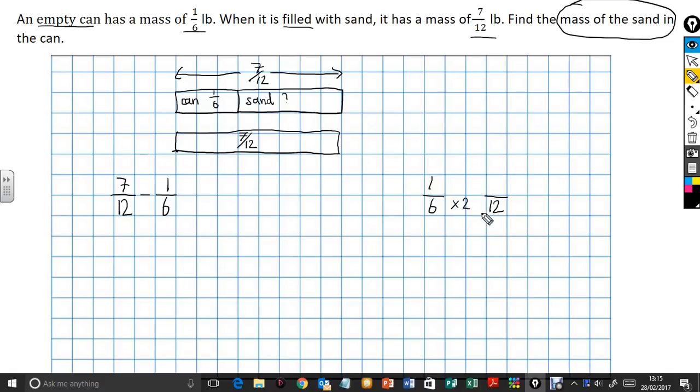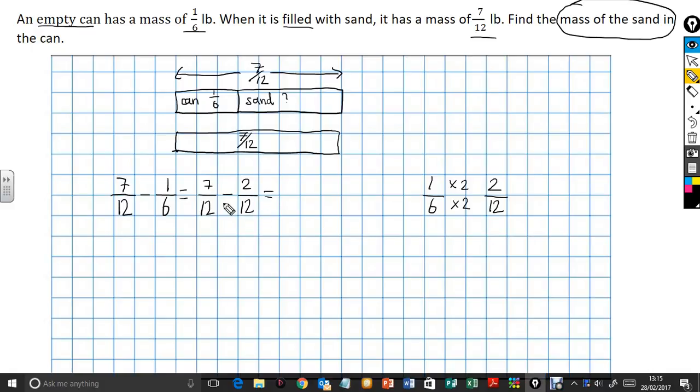Now, if I'm to maintain the same value and make sure that this fraction is equivalent in value to this one, I have to multiply the numerator, the top number, by the same amount. So I multiply that by 2, I get 2. So 1/6 is equivalent to 2/12. So I can rewrite this as 7/12 subtract 2/12.